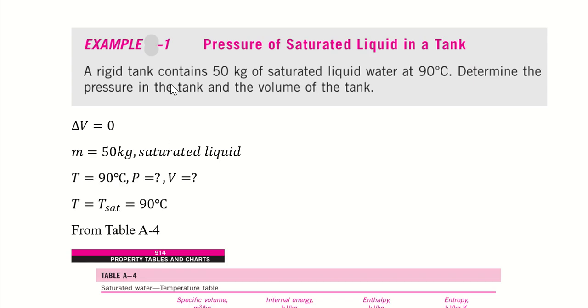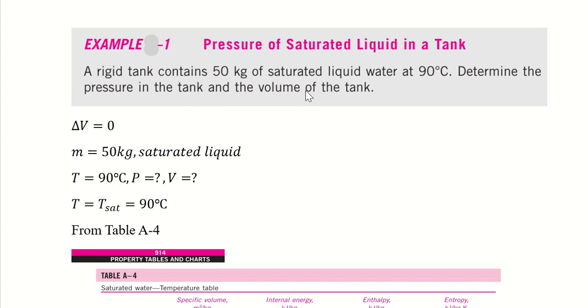Determine the pressure in the tank, which is P, and pressure in the tank is always uniform. You're not going to be asked to look for P1, P2. The pressure within any singular tank or singular system, for these pure substances, is usually uniform.